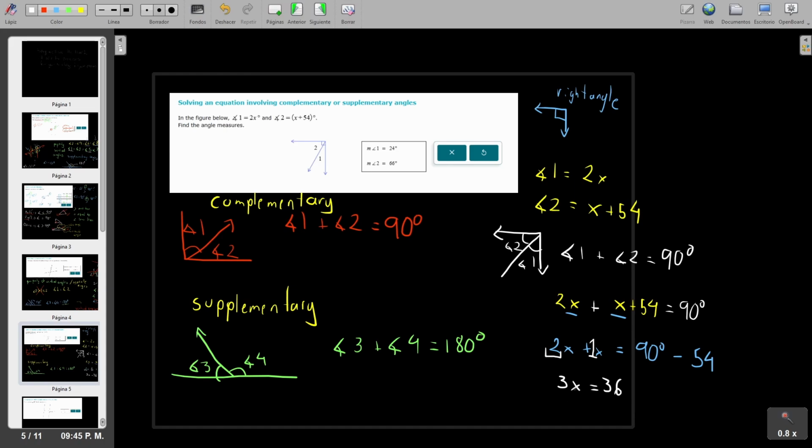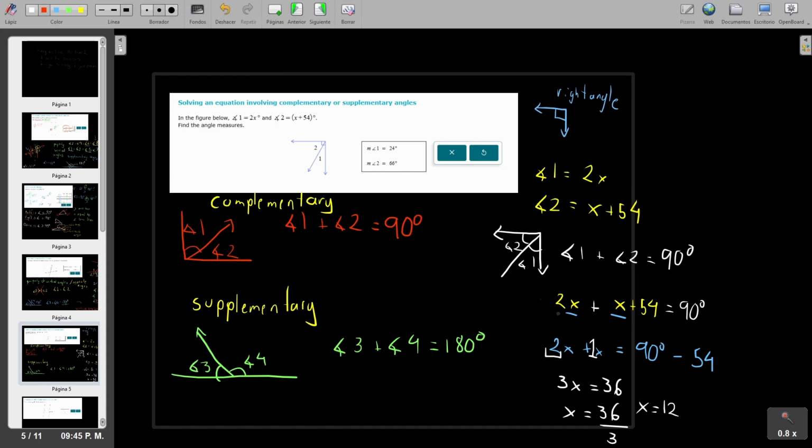We continue. We need to isolate x. The 3 that is multiplying goes to the other side, dividing, so it is 36 divided by 3. x equals, that is correct, 12.